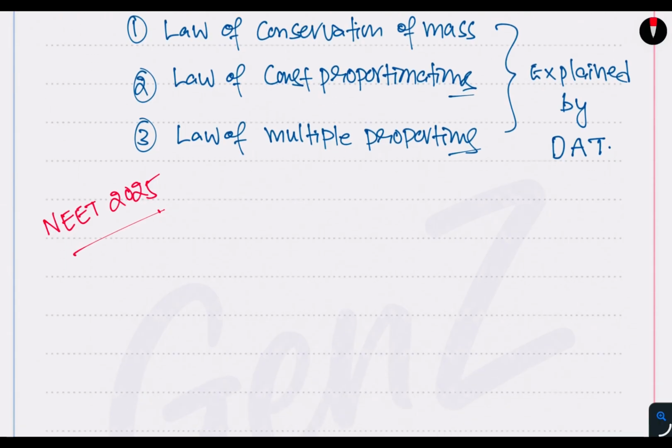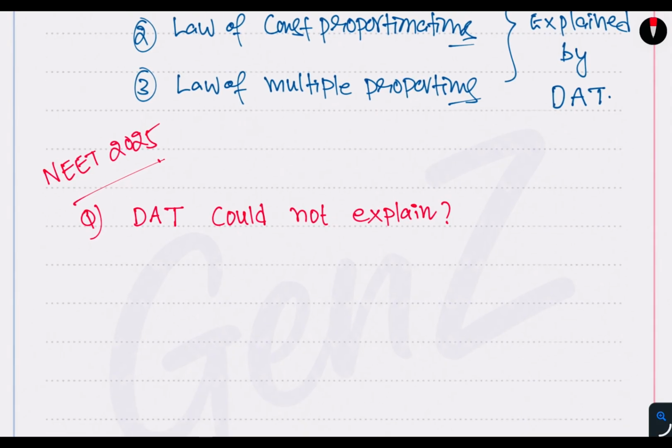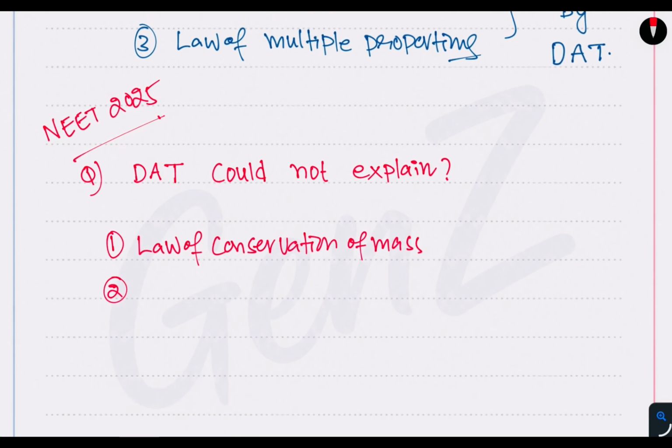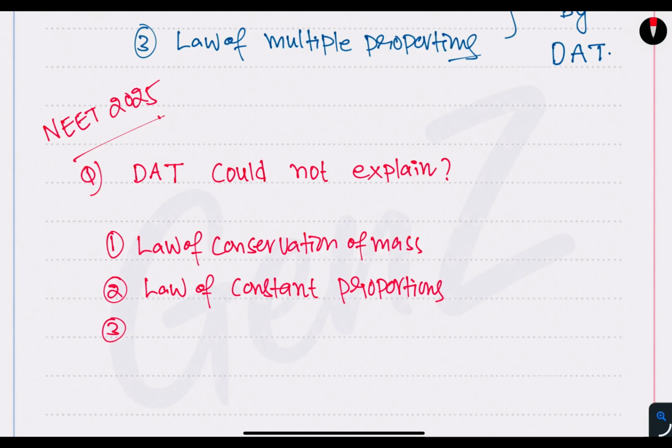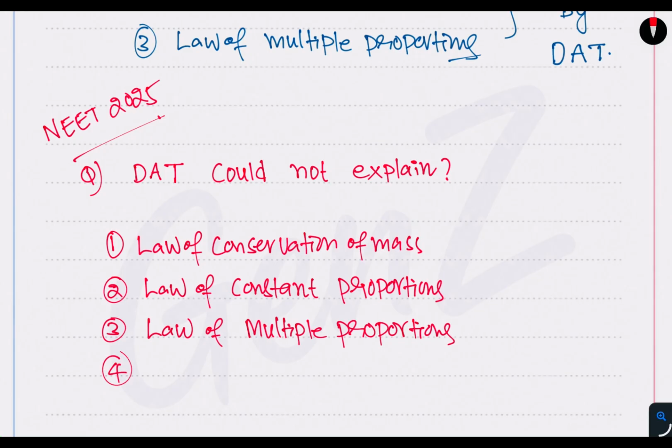The question is: Dalton's atomic theory could not explain which of the following? The four options given are: law of conservation of mass, law of constant proportions, law of multiple proportions, and law of gaseous volume.